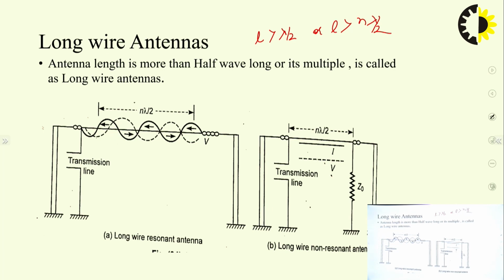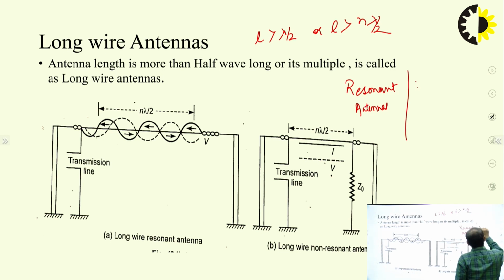There are two types of long wire antennas: the resonant antenna and the non-resonant antenna.